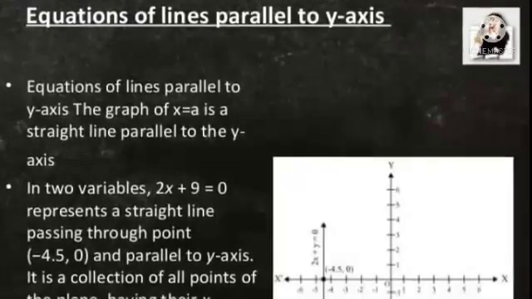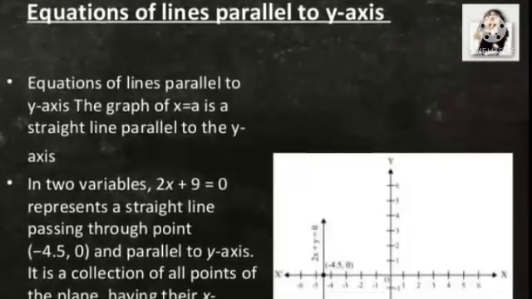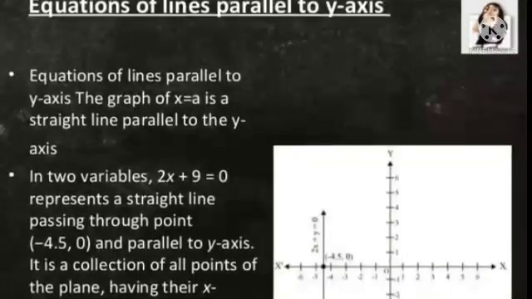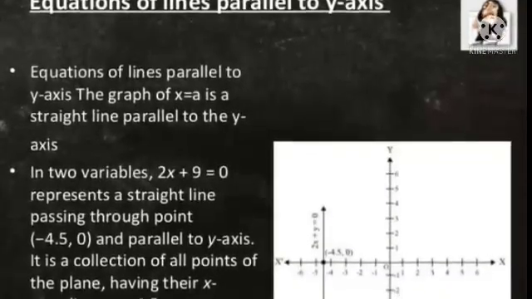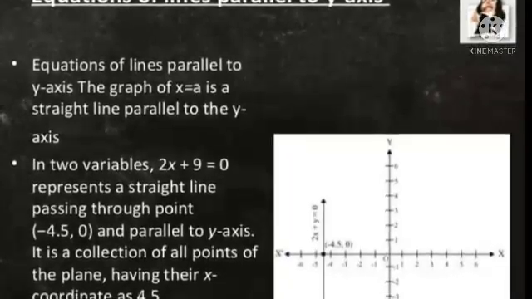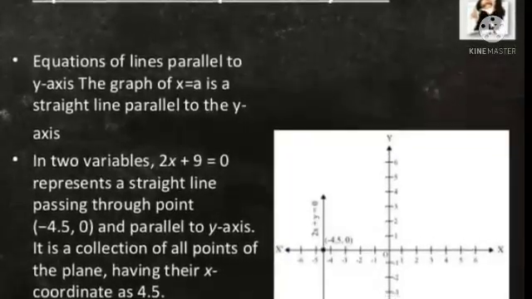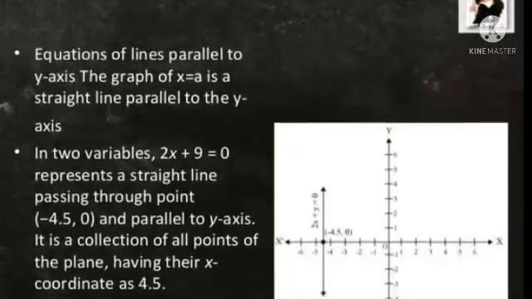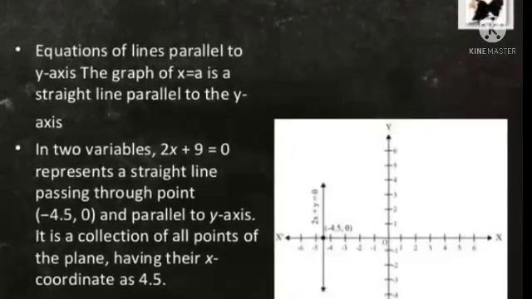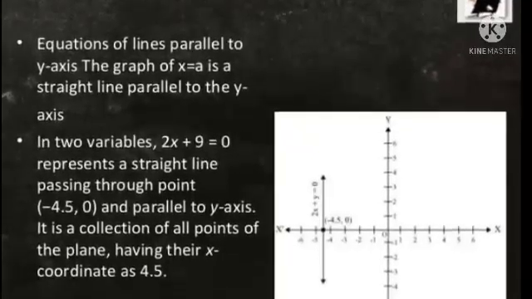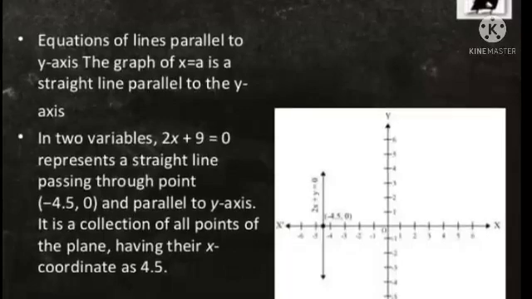Now let us see equations of lines parallel to y-axis. The graph of x = a is a straight line parallel to the y-axis. In two variables, 2x + 9 = 0 represents a straight line passing through the point (-4.5, 0) and parallel to the y-axis.